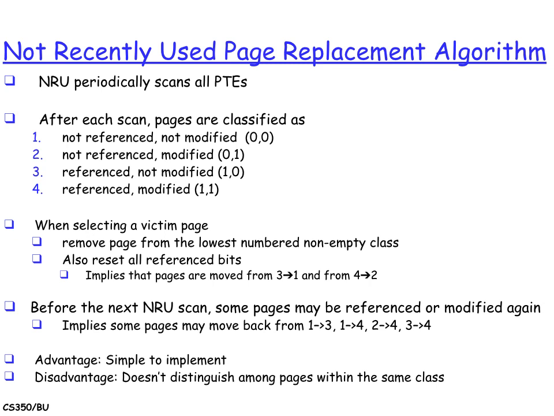So the algorithm is really simple to implement. It just relies on 2 bits in the page table entry, and it's fairly intuitive, very easy to understand, right? But there is a big disadvantage. If you have a lot of pages in the system, there are only 4 categories, which means that every category can have a large number of pages. So within a single category, there is no distinction between various pages.